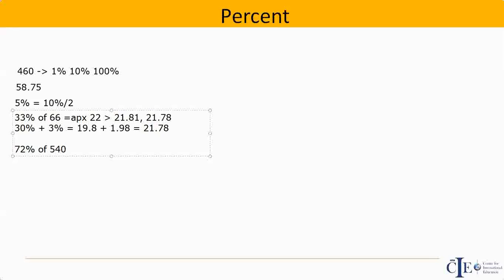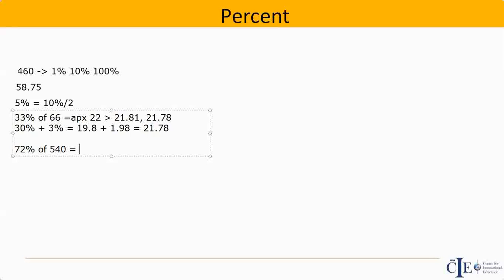So what is going to be 72% of 540? Now, what would be a breakup that we will look at of 72? We can split this as 70 plus 2, right? That is one way of looking at it. Another is, you can also look at 75% minus 3%. Right, 75 is 3/4, and 540 goes on 4.